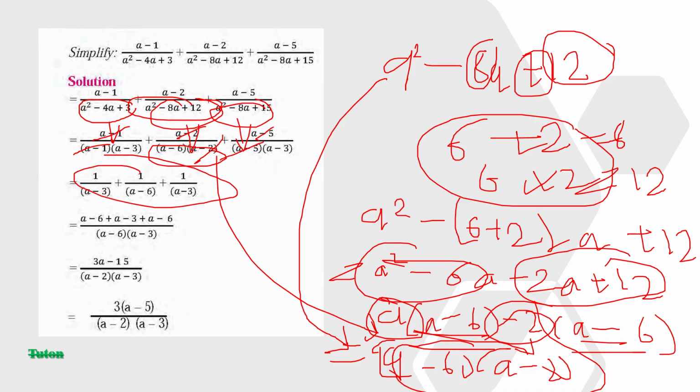Now we took the LCM, and then after dividing the LCM by the denominator of the respective fractions and multiplying with the remainder, we get a minus 6, a minus 3 and a minus 6, keeping the positive sign as it is.